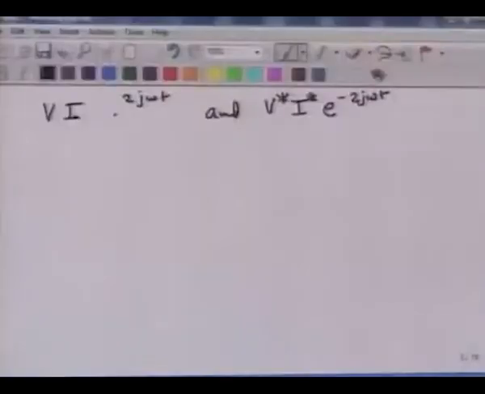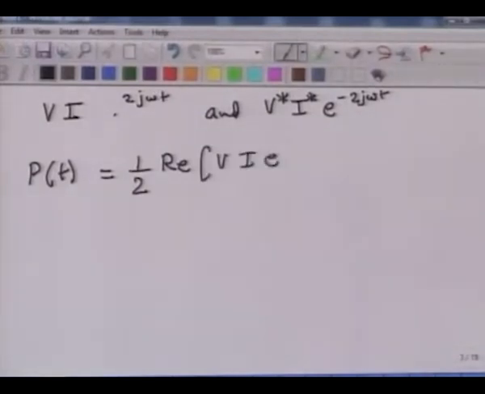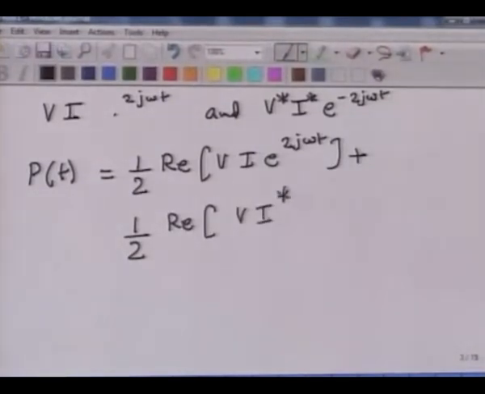So the final expression is power, which is a function of time because it's instantaneous power, is half of the real portion of V I e^(2j omega t) plus half real portion of V I star.